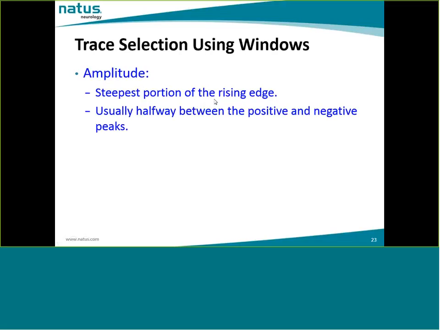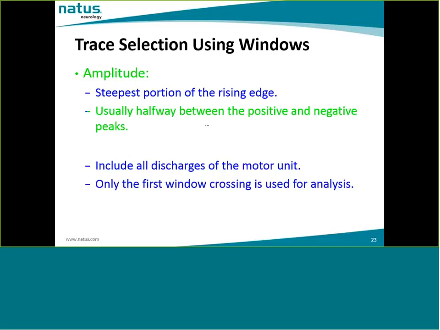We often trigger the signals near the peak to exclude activity from other motor units, but when we position the windows, they should be on the sharpest portion, and this is usually halfway between the positive and negative peaks. Secondly, the width of the window should include all discharges of the motor unit. Keep in mind, only the first crossing in the window is used for analysis.